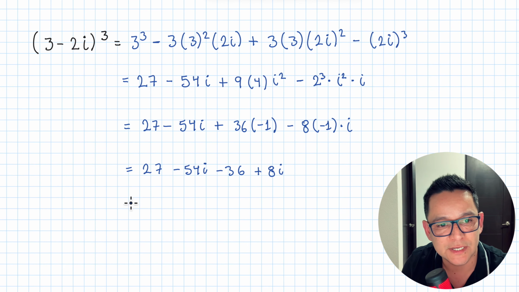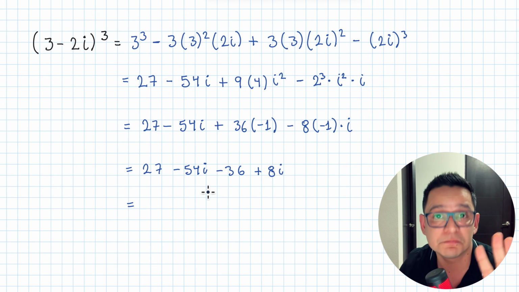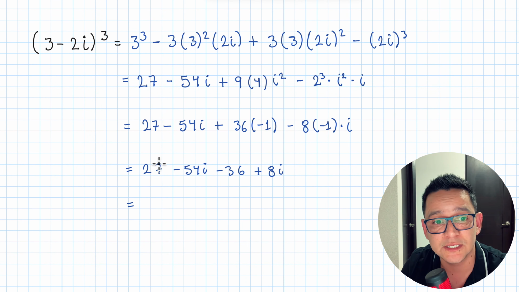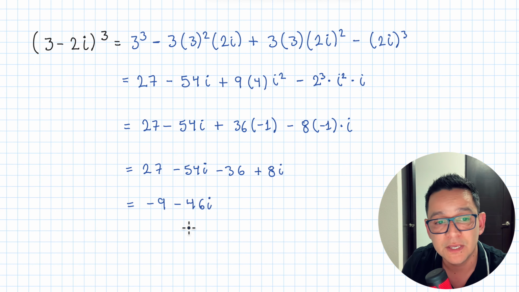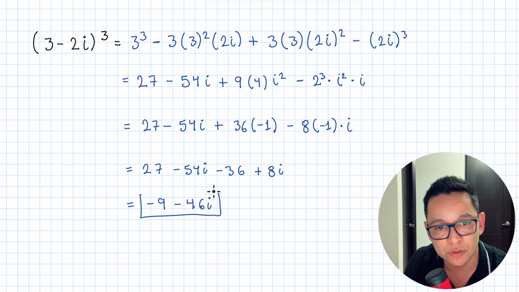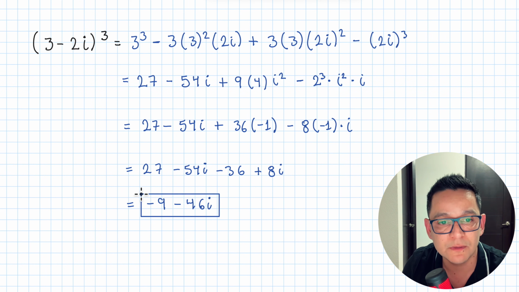All right, let's continue. We're almost done. Let's look for like terms. In this case, we have 27 minus 36, which equals -9. And here we have -54 and +8, and this would leave me with -46. That's it. The solution will be -9 minus 46i.